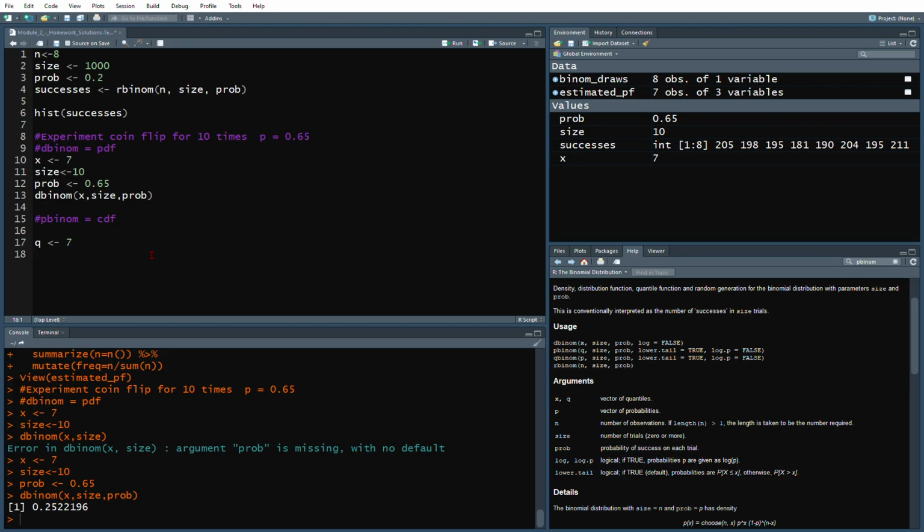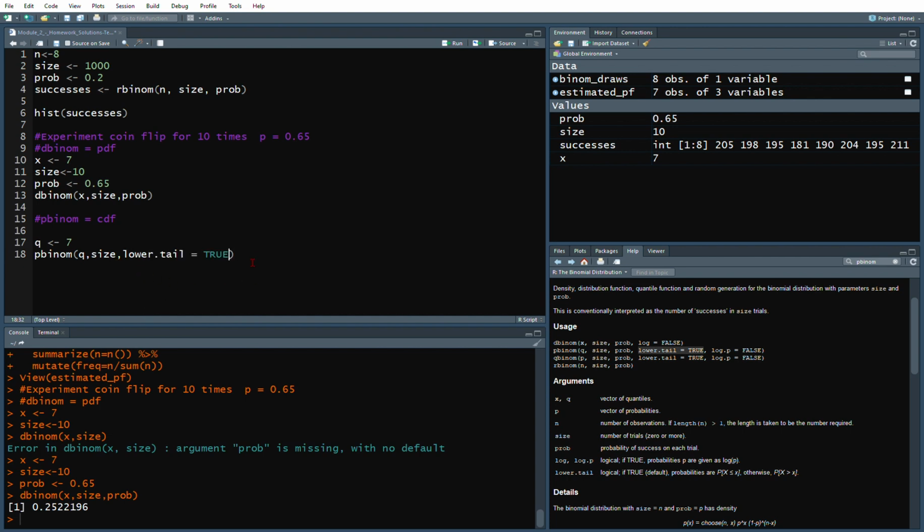Now we'll write the function pbinom: q, comma, size, comma, lower tail equal to TRUE. So lower tail is true. That means we are calculating whether X is smaller than or equal to x, right? So it's going to be true here.